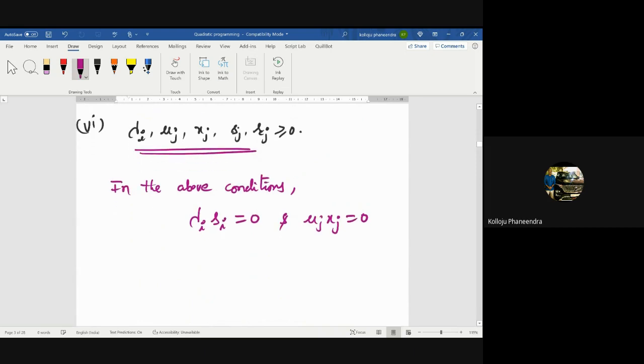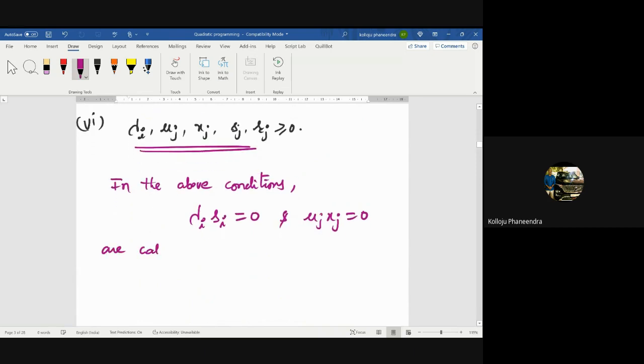These two conditions are called complementary slackness conditions.